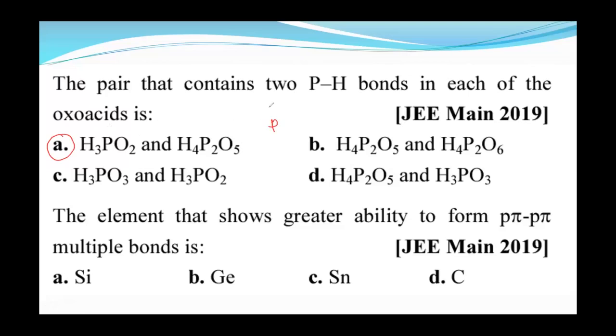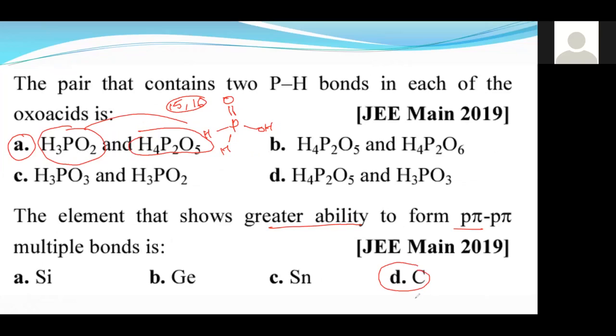H3PO2 will contain two P-H bonds: one P double bond O and one OH, and the remaining two hydrogens will be in single bonds to P. If you draw, you can find two P-H single bonds in this structure. How to draw the structures of oxo acids, we have discussed in the 15th group and also the 16th group. Then greater ability to form p pi multiple bond. Simple answer, D answer. What is the answer? D is the correct option.